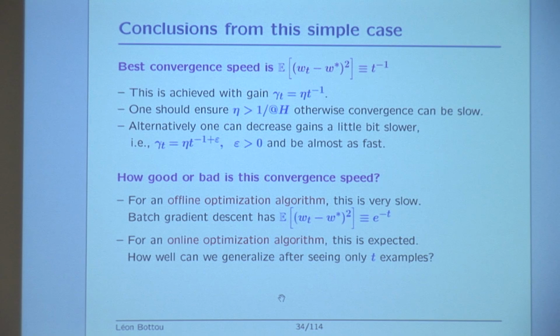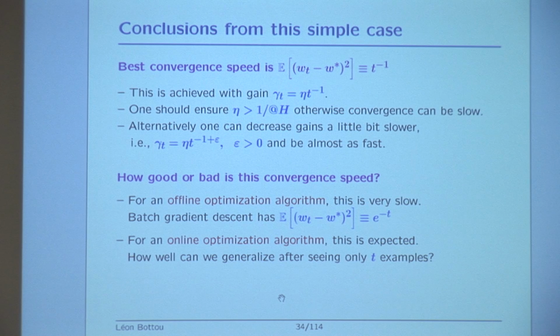Take the quadratic minimum: suppose you have examples that are just numbers, and you want to minimize the average sum of the number xi minus w squared. So w is going to go to the mean of the numbers.